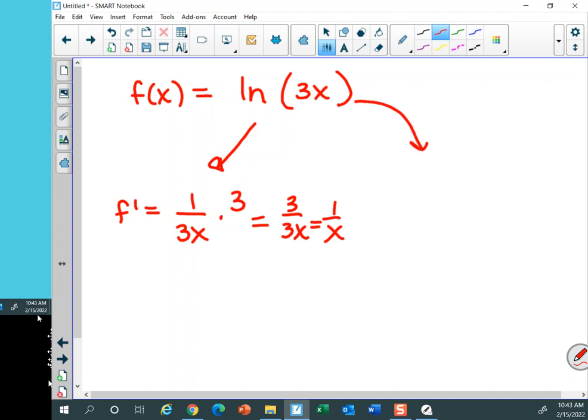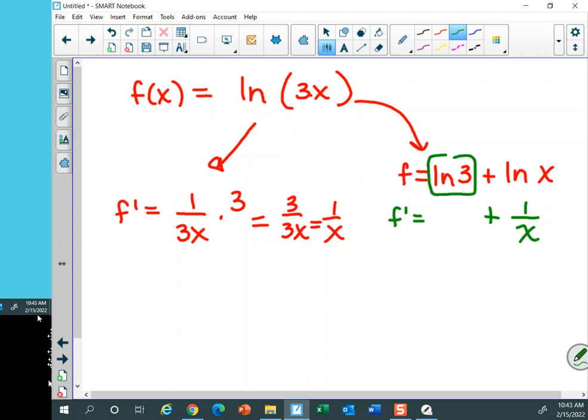But technically, I could rewrite that as the natural log of 3 plus the natural log of x, because it's the natural log of 3 times x, and I can rewrite products as sums. And then when I take the derivative, the natural log of x gives me 1 over x. This is the part you might get upset by because we don't love something like that. We're like, what's that? Well, that's just a number. It's like having a 7 there, or a 12, or a 55. You take the derivative of a constant, you get 0.